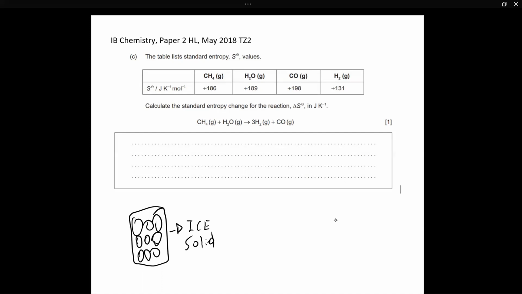But now let's imagine we add some heat to this ice, and this ice becomes water. So it becomes water in this container. Now the water particles are just sort of floating around. They are slightly more free than they were in a solid. They're more free to move around. Their intermolecular forces still do exist, but they're not as strong as they used to be in the solid form. However, over here, the energy can be distributed in slightly more number of ways, right?